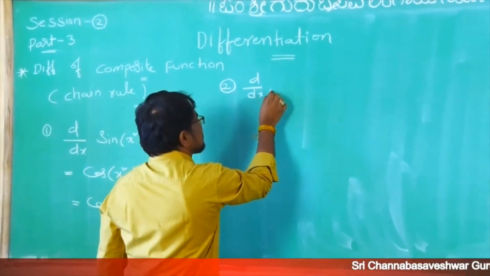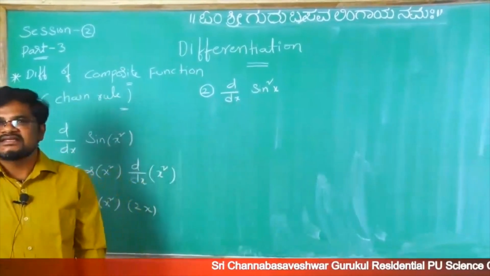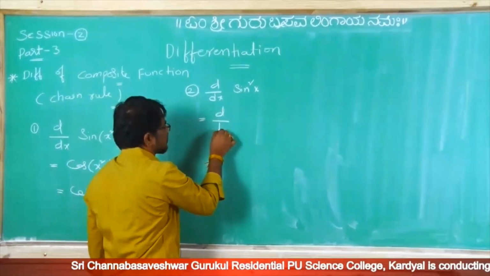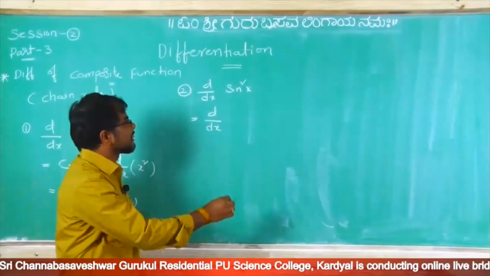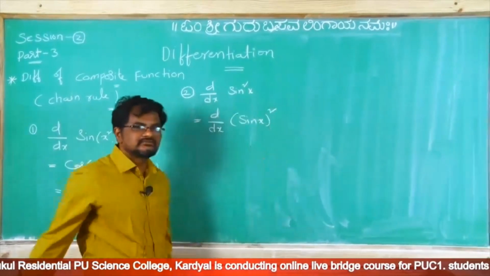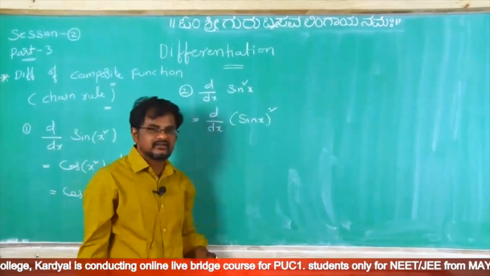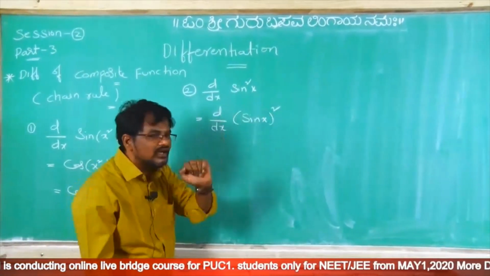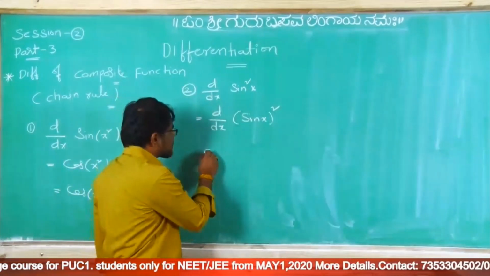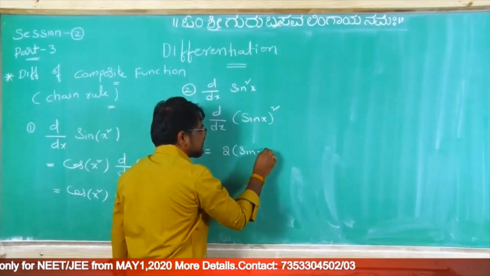Now come to the second problem. d by dx of sine square x. It can be written as d by dx of sine x whole square. Now it is in the form of x square, so this whole base we treat as one single variable x. The differentiation of x square is 2x, where x is sine x.